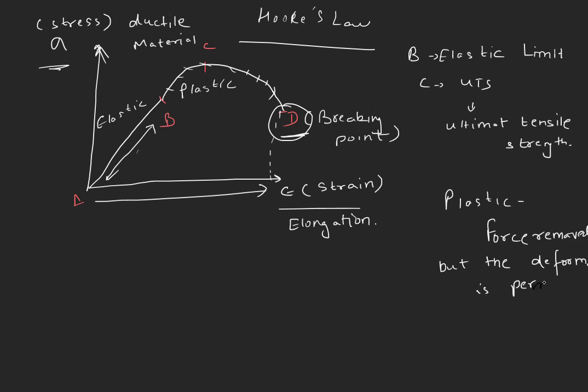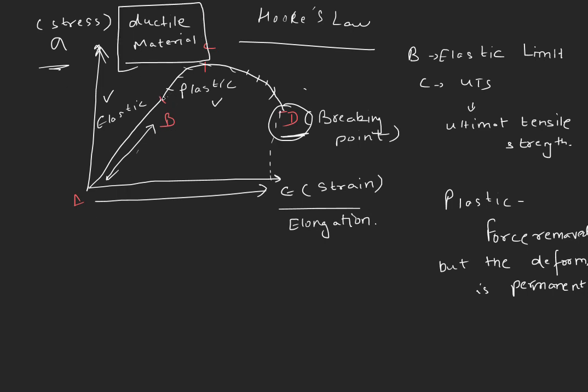It won't go away until the breaking point. The sample will keep deforming, and at point D, it will break down. And the materials in which we have elastic and plastic ranges, we call these ductile materials.